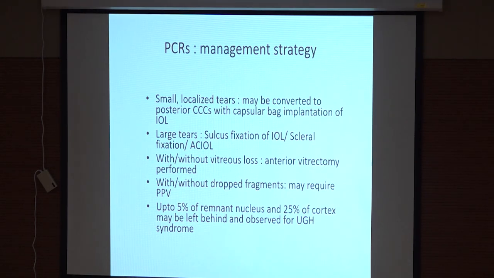So very small amounts of nucleus or epinucleus may actually be observed, and that's less than 5% of the total volume. But you can leave behind larger amounts of cortex. You don't need to go ahead and remove 100% and keep pulling vitreous and enlarging the opening. A little amount of cortex may actually be left behind and observed if that allows you better placement of the intraocular lens and not intervening more than is necessary.